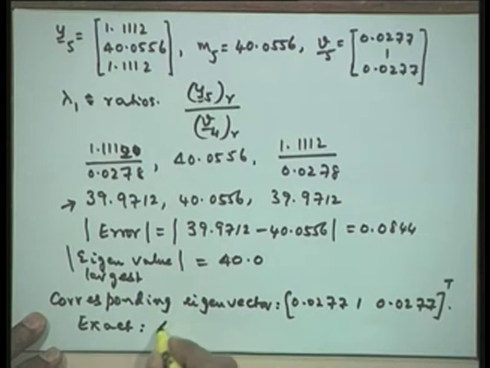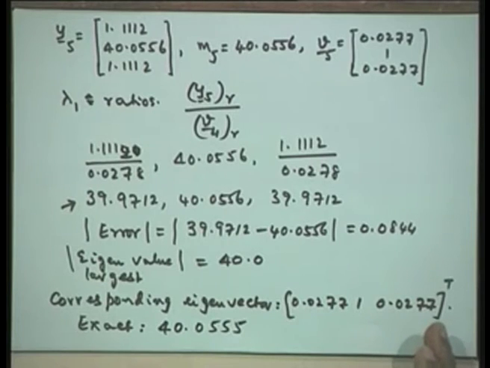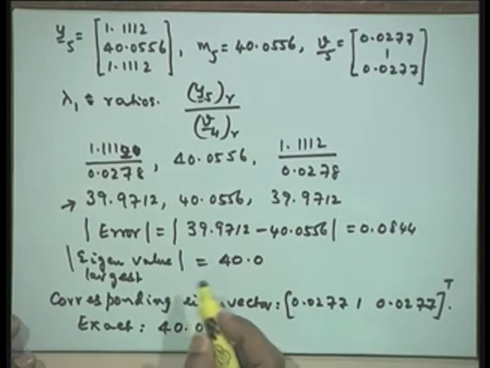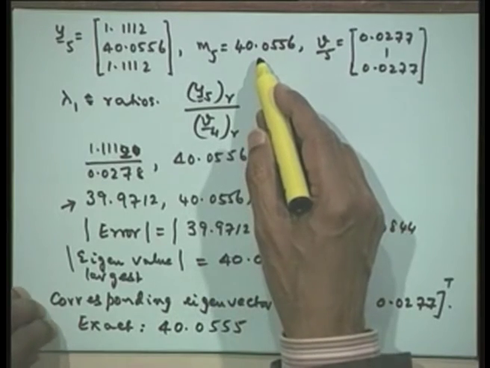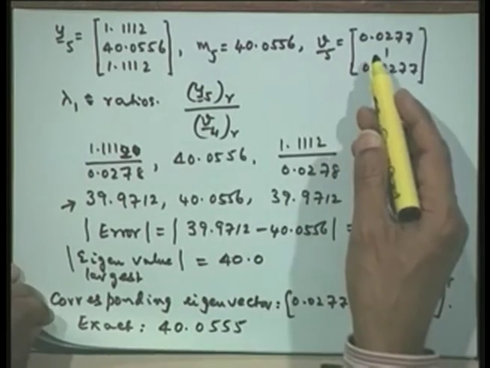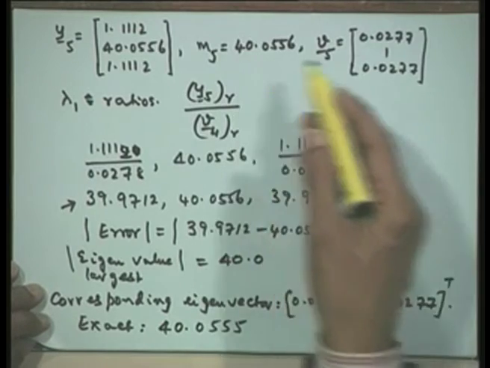The exact eigenvalue of this is 40.0555. This is the exact eigenvalue for this particular problem. So, then why did we pick up 40.0556? Actually, this also converges to the eigenvalue, because this is the factor that we are taking out, that factor is division.